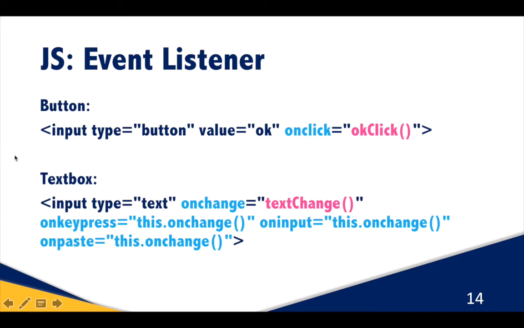Okay. For the text, you can have onchange, like when you type it, but there are four events to handle this. First, you have to call onchange. You will call a real function, but then you need to call onkeypress, and you will reference onchange here.